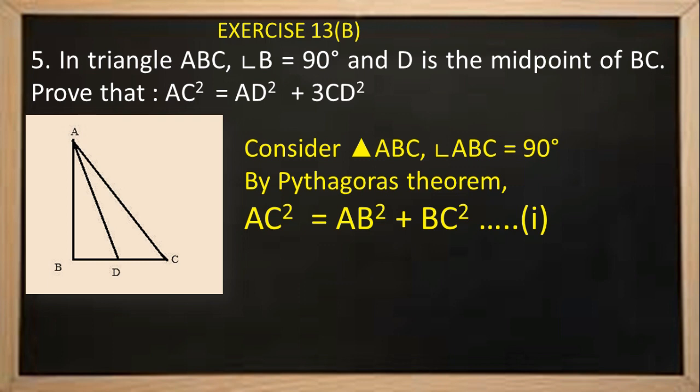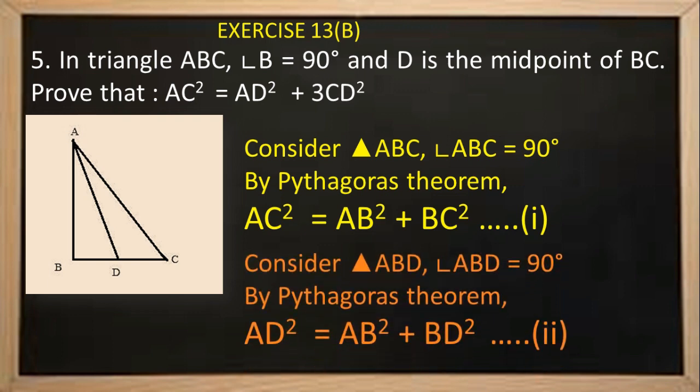If you observe the diagram carefully, children, you can find one more right angle triangle, that is triangle ABD. Here angle ABD is 90 degrees. So as angle B is 90 degrees, the side opposite to angle B is AD, which is the hypotenuse. Hence AD square is equal to AB square plus BD square.